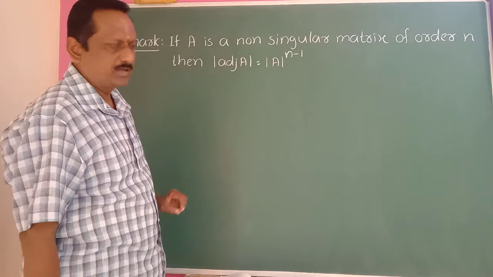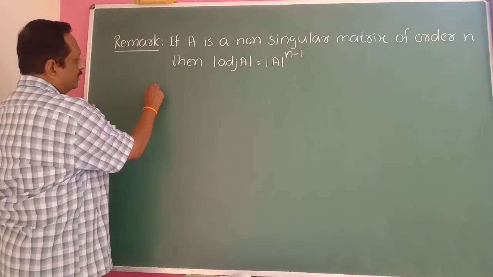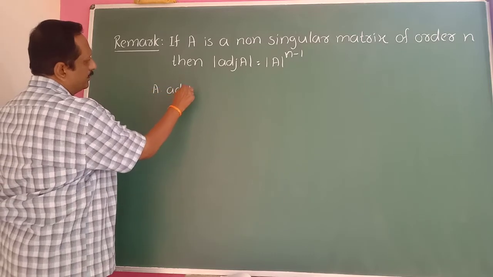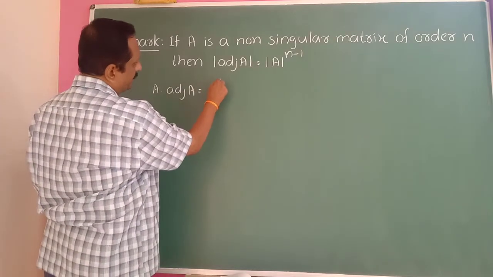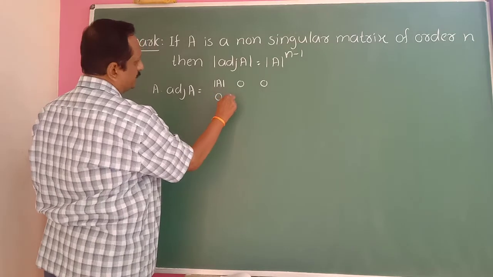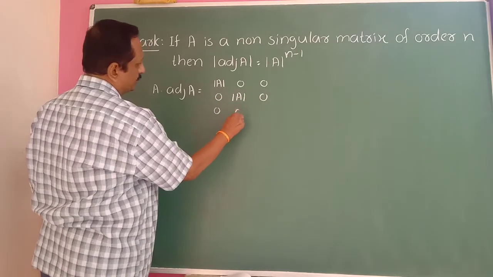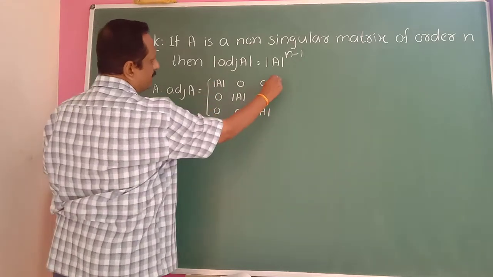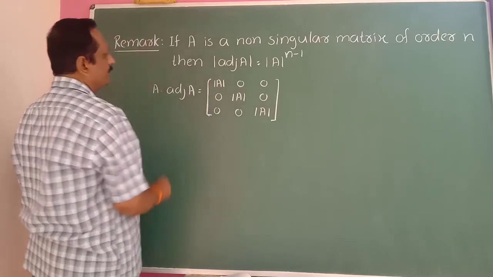So from theorem 1, we know that A into adjoint of A is equal to the matrix with determinant of A on the diagonal and 0 elsewhere. You know this result from theorem 1; you already proved it.